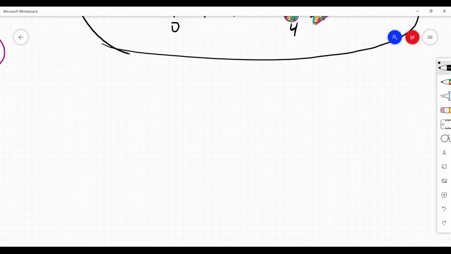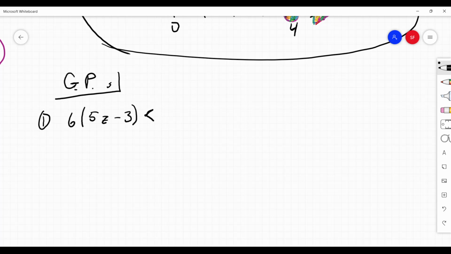The first one: 6 times the quantity 5z minus 3 is less than or equal to 36z.